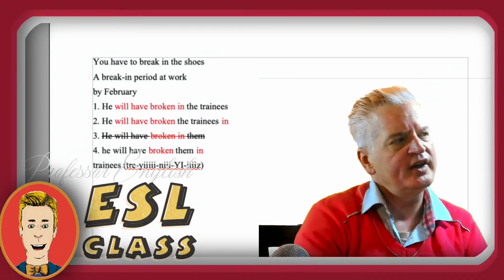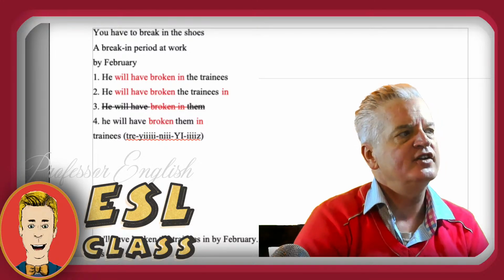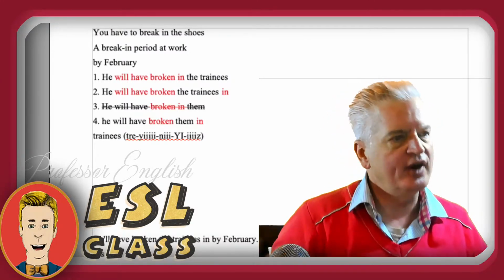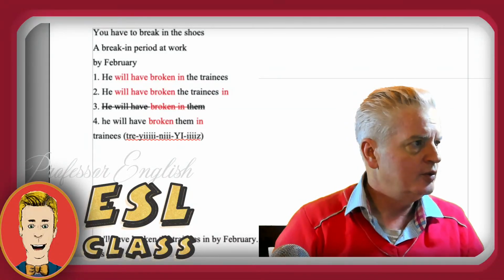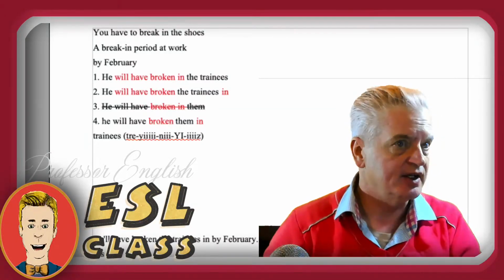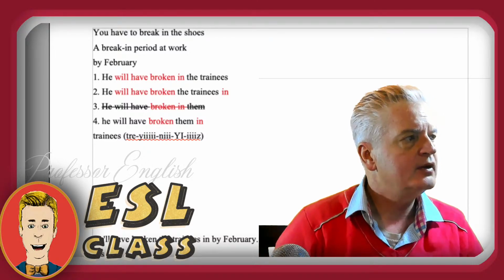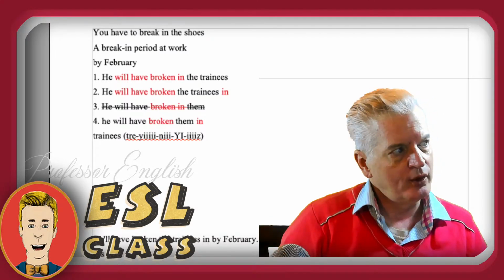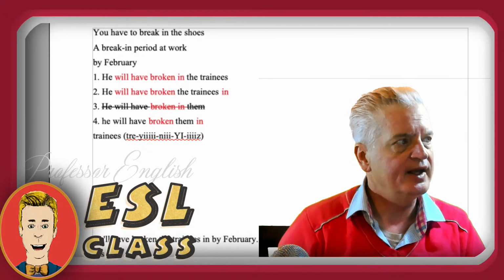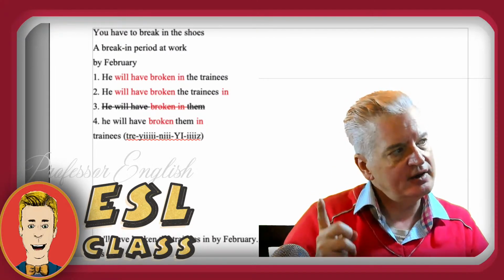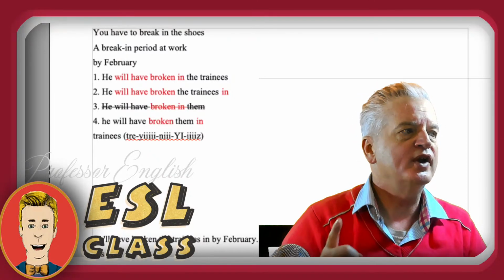Okay? So if you look at all of these options, 1, 2, 3, and 4, let's read them. He will have broken in the trainees. That's okay. You can say it like that. Number 2, he will have broken the trainees in. That is also correct. That is fine. You can say number 4, he will have broken them in. Okay, that's okay. But you cannot say number 3. You cannot say he will have broken in them.